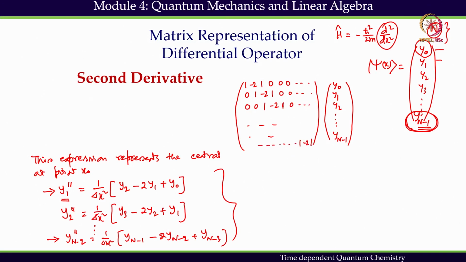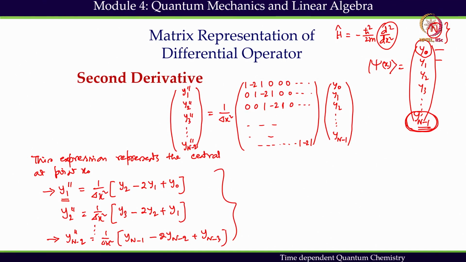And then I have this 1 by delta x square. This is represented by the discretized function after taking the derivative. So I get y1, I get y2, I get y3, and like this, and then I get yn minus 2 also. And why is this the way it is?